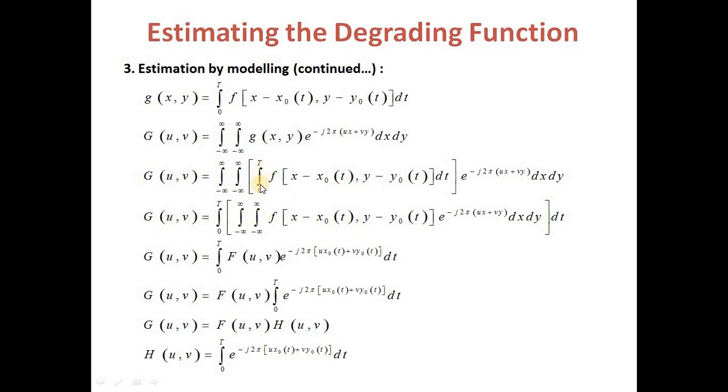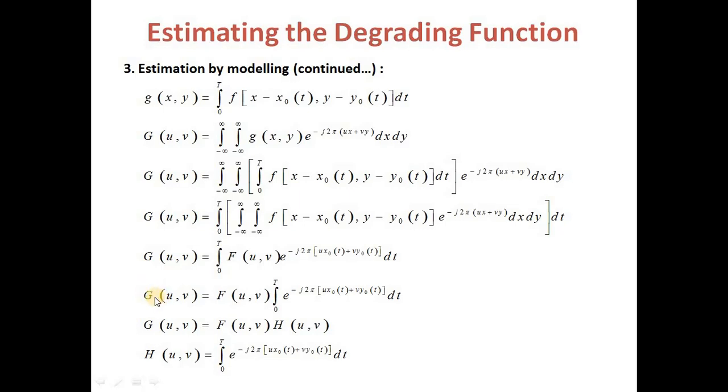The integral with respect to time has been taken outside, so the integration from 0 to T is outside the square bracket, with dt here, and the rest of the integration is inside the square bracket. If you look closely, the thing in the square brackets is nothing but the Fourier transform, e to the power minus j2 pi (u x0 of t plus v y0 of t).